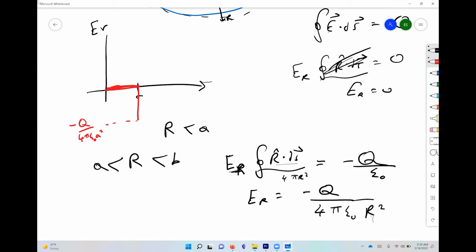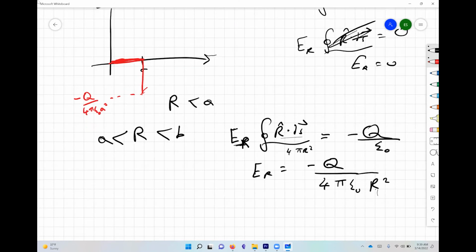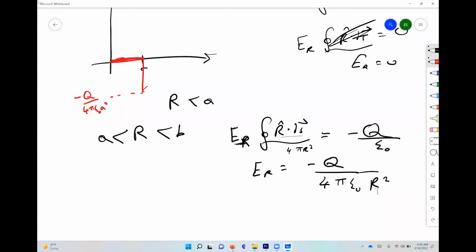As r increases, it keeps decreasing in magnitude, but it's negative, so it goes up, getting closer to zero, until we hit b. At b, we reach minus Q over 4 pi epsilon naught b squared.